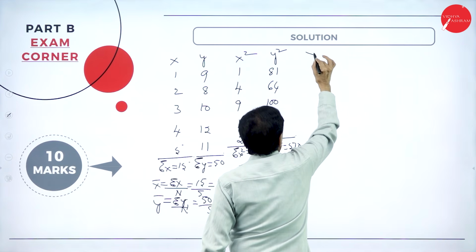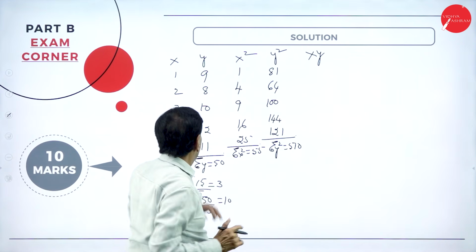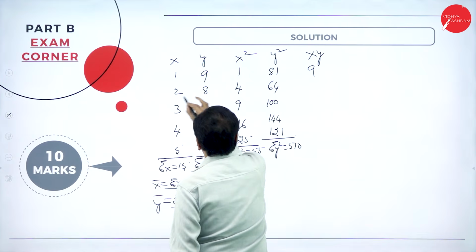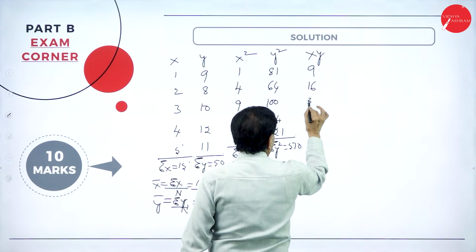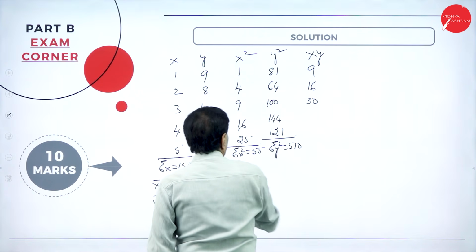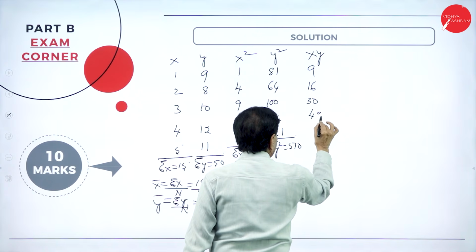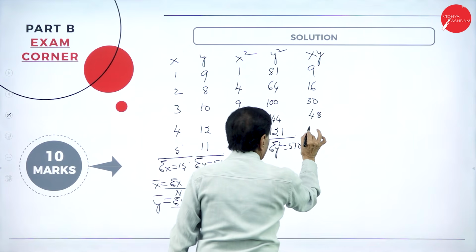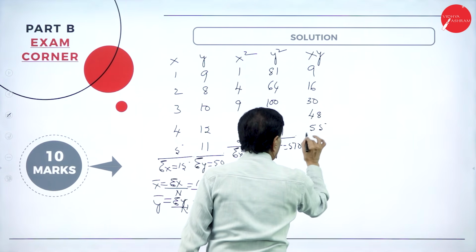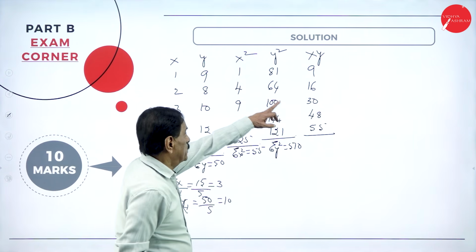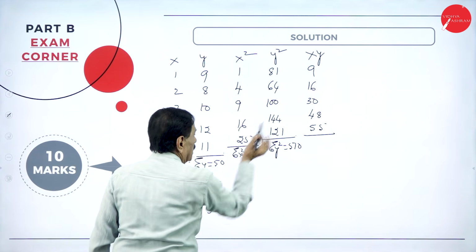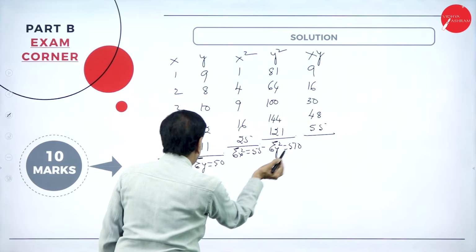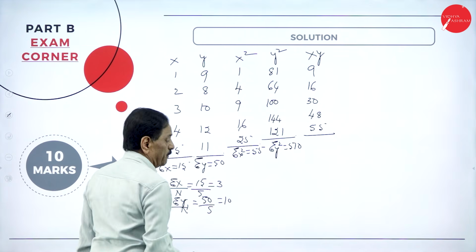Last step, xy, x into y. 1 9 is 9, 2 8s are 16, 3 10s are 30, 4 12s are 48, 5 11s are 55.